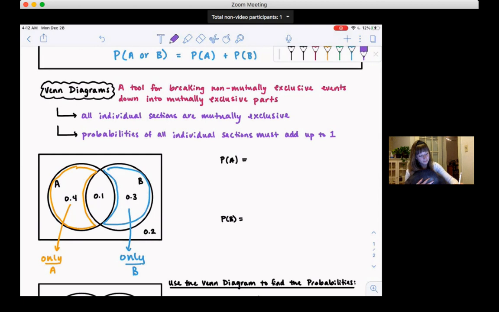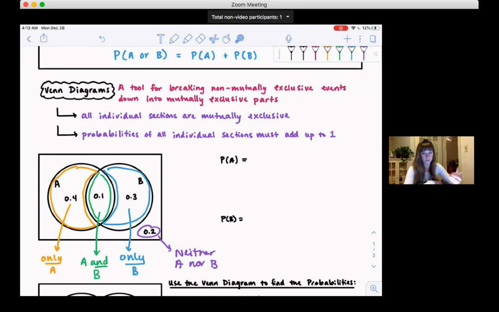If you're in the middle where they're overlapping, that's saying A and B are both happening. And if you're outside all of the circles, that's saying neither A nor B is happening. So that's what the parts of the Venn diagram are telling us, and each of these sections is mutually exclusive, right?